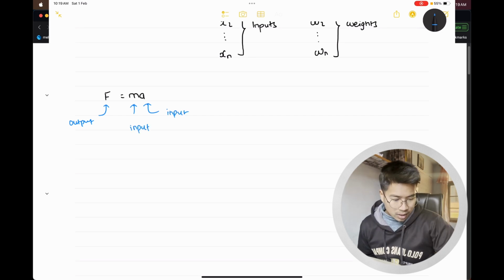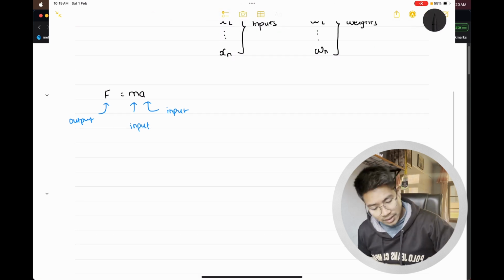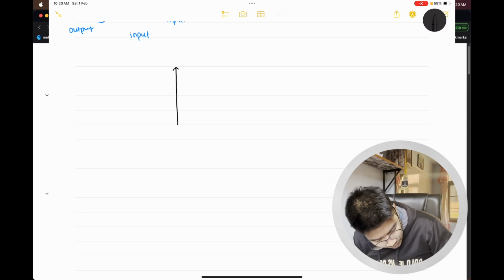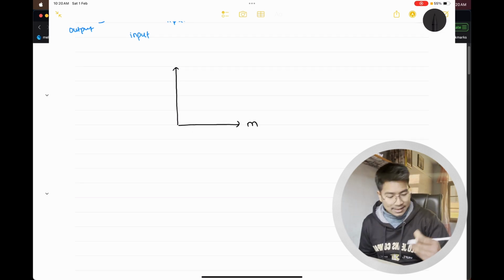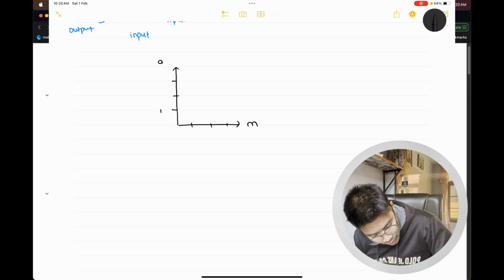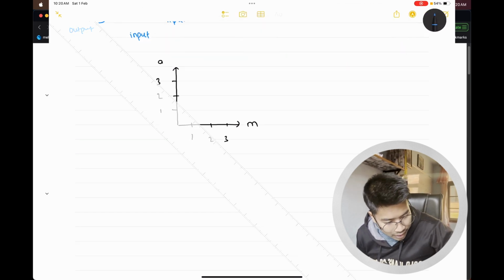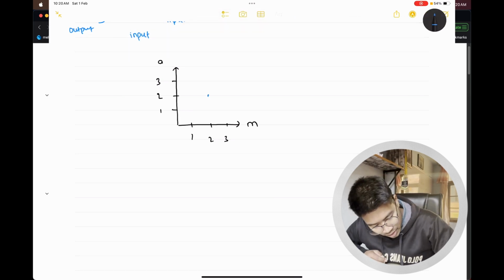We can visualize this as a graph. Let's take m on the x-axis and a on the y-axis, then you can plot some graph out. So 1, 2 and 3, 1, 2 and 3. There is a point over here. Let's say this point.